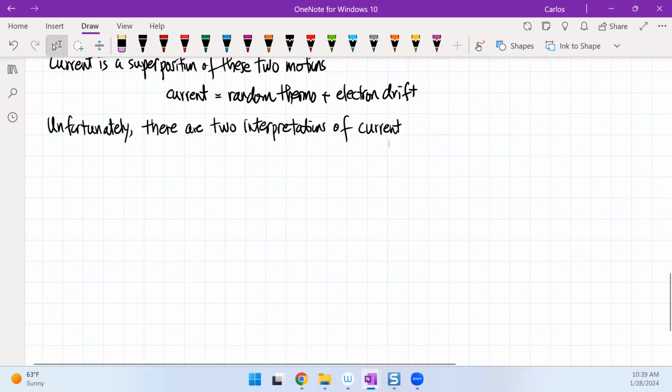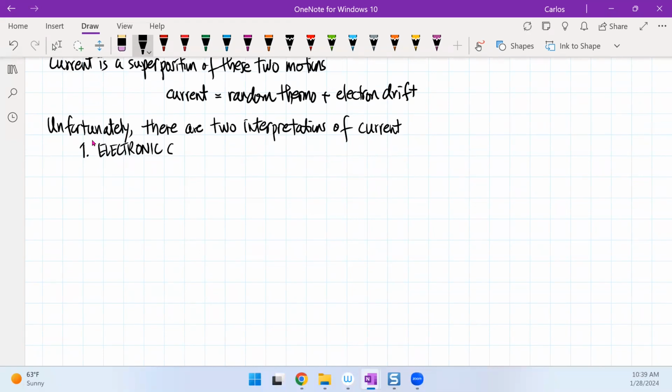So one of these is called electronic flow. Electronic current. And electronic current here, that means that this is the motion of negative charges. And of course, in this case, we're talking about the negative electrons.